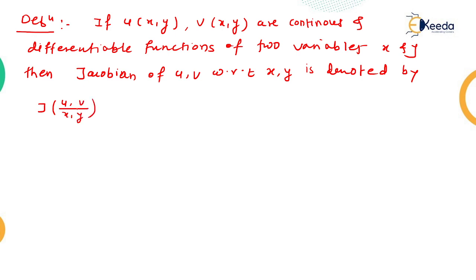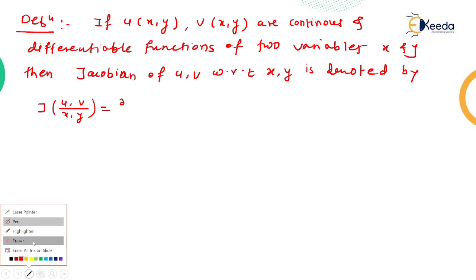That is the Jacobian of u, v with respect to x, y. Or this can also be denoted as, second notation, Jacobian of u, v in the form of partial differentiation.